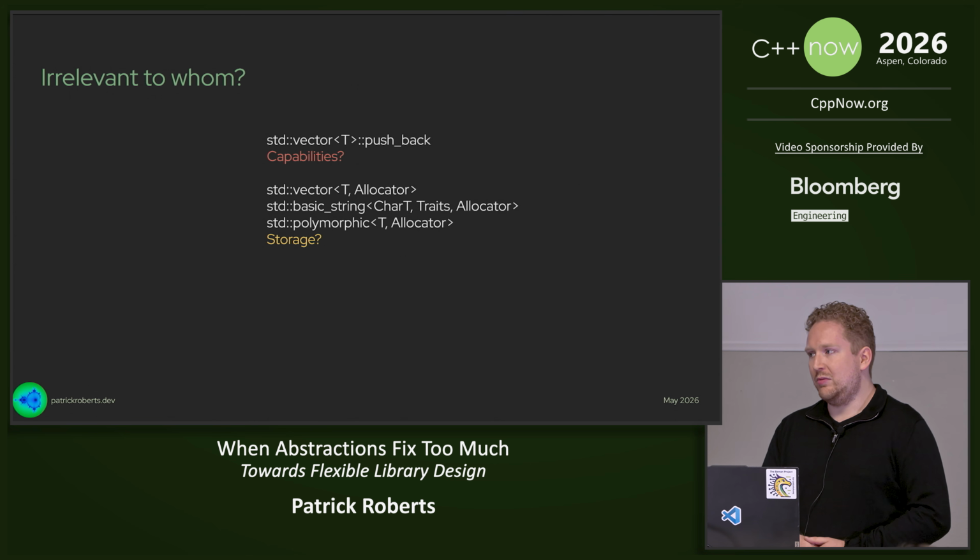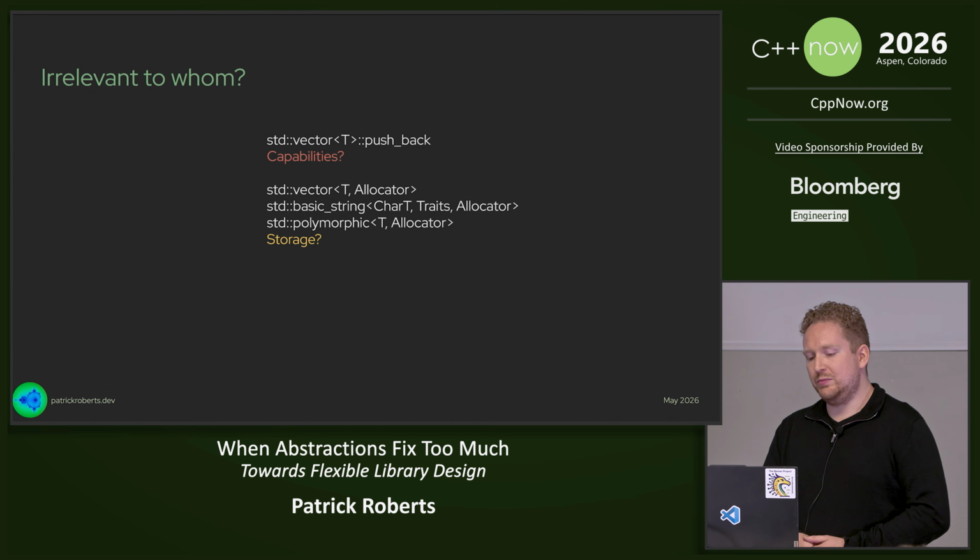They all have a particular storage policy that they implement based on allocators, and sometimes in a performance critical context, you might not want to allocate your memory. In the case of basic string, it has small buffer optimization that has an implementation defined buffer size before it falls back to allocation once that size is exceeded.